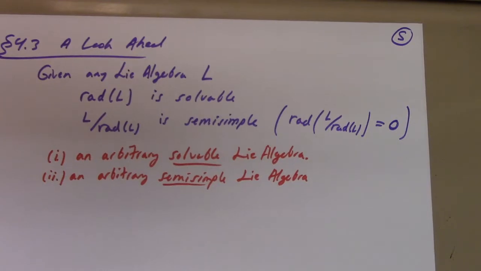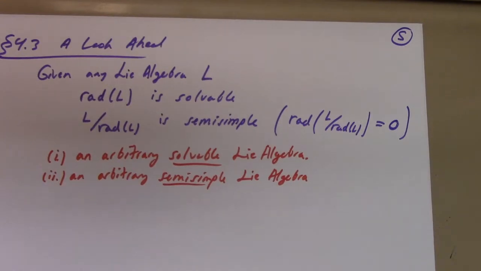It's the largest solvable ideal. So if you can understand what's possible for that, that gives you a sense of what that radical can be in arbitrary Lie algebras. And L mod the radical is semi-simple, so it's basically everything in the Lie algebra except for the solvable piece. Intuitively, that's what the quotient is, setting that solvable piece to be kind of the 0. So if I can say what's possible in the semi-simple case, then that's everything else.